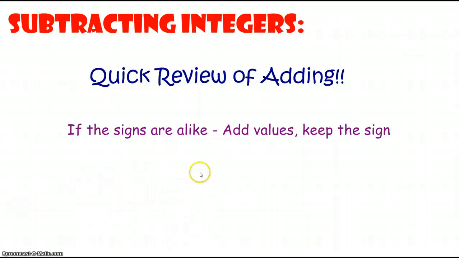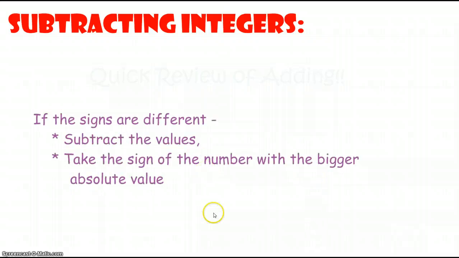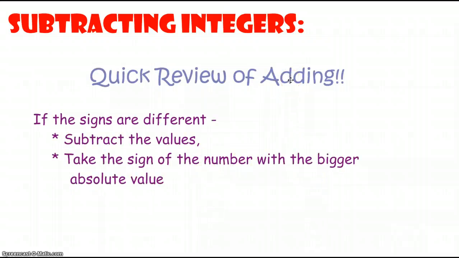If you have different signs, then you subtract their values and take the sign of the number with the bigger absolute value, the one farthest from zero. So when you look at each group, are there more in the positive group or more in the negative group?